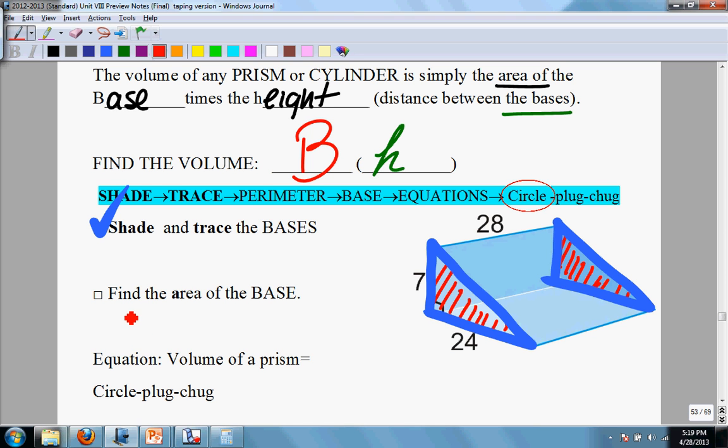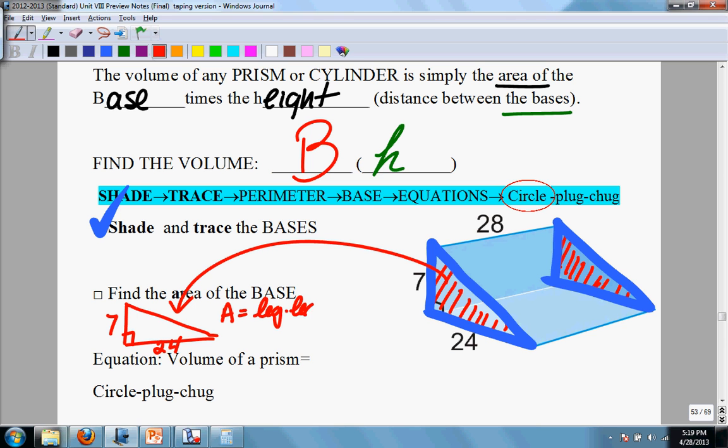Now we want to find the area of the base. And remember, this base in this case is a right triangle. So we write our equation here, which is area of that base is leg times leg over 2. Write that down. So one leg is 7.